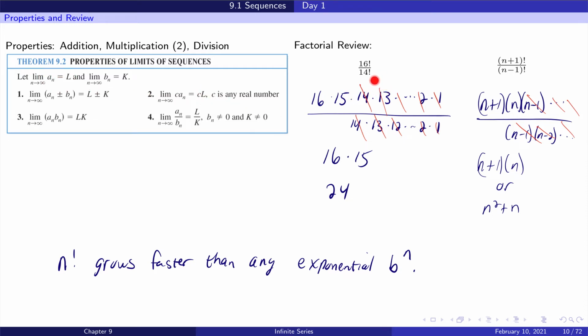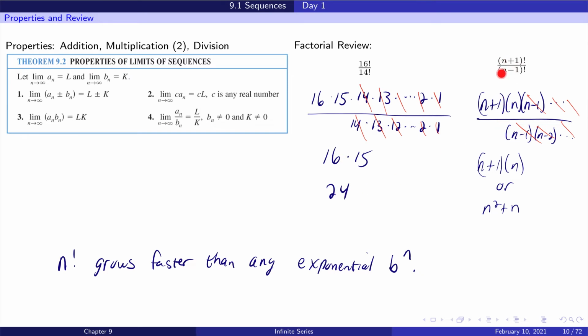Sequences often involve factorials, so here's a review of factorials. 16 factorial means you're going to go 16 times 15 times 14 all the way down to 1. So when I divide that by 14 factorial, lots of stuff cancels. The 14s, the 13s, all the way down to 1s cancel, and you're left with 16 times 15, which is 240.